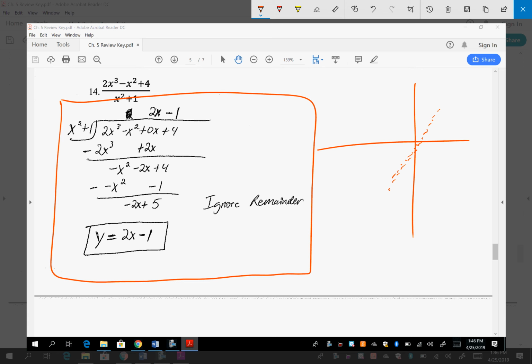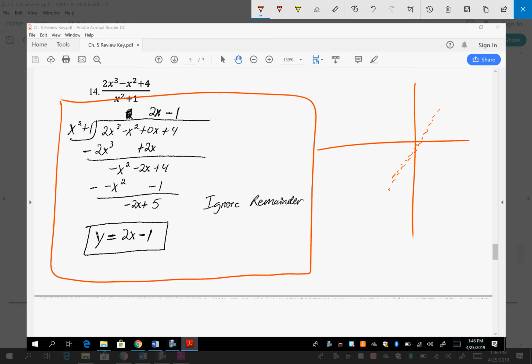Take a look at the work that I did. Ultimately it's the same work that we've been doing, but you'll notice I wrote here, when you do slant asymptotes, you just ignore the remainder. So I didn't need to write 2x minus 1 minus 2x plus 5 over x squared plus 1. That'd be the remainder. I just care about my linear equation, mx plus b.